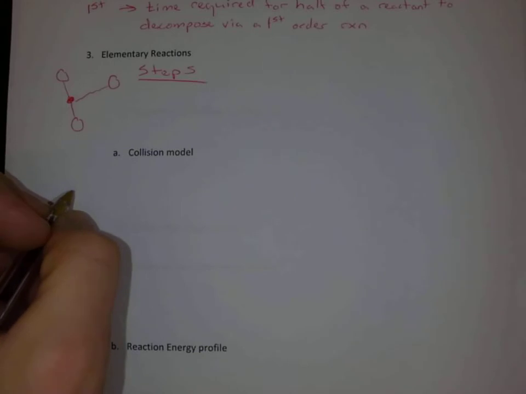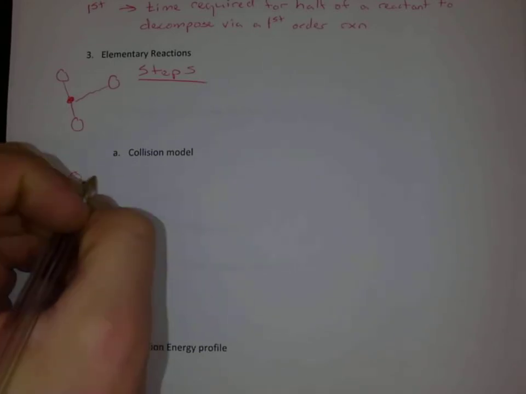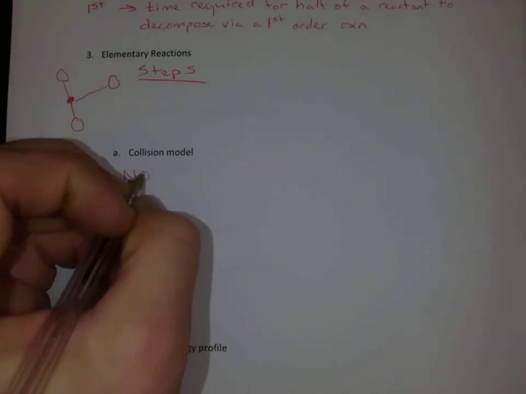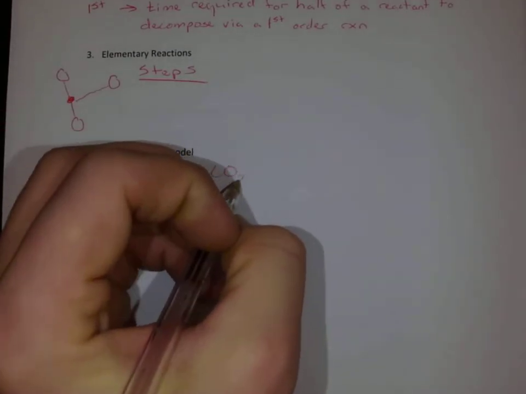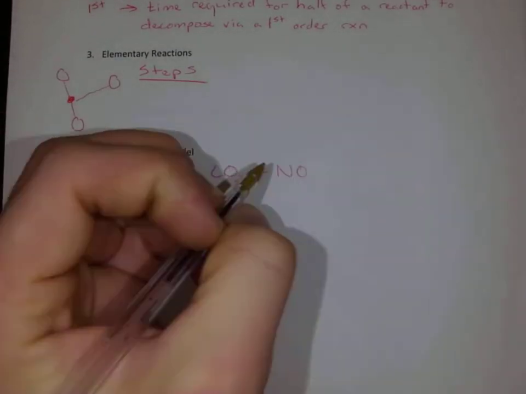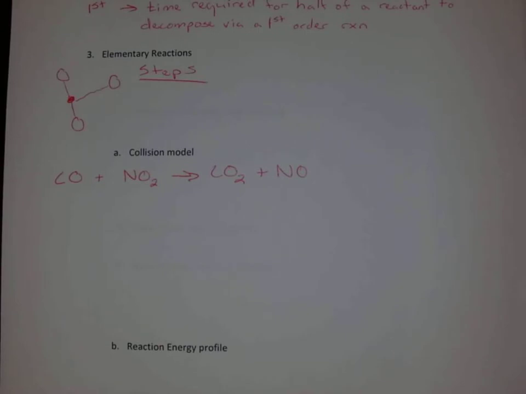So if we were to have CO plus NO2 going to CO2 and NO, this would be one reaction, okay? And it's all a gas phase reaction. All of these are gases, and they're going to have to hit each other to get our reaction to occur.